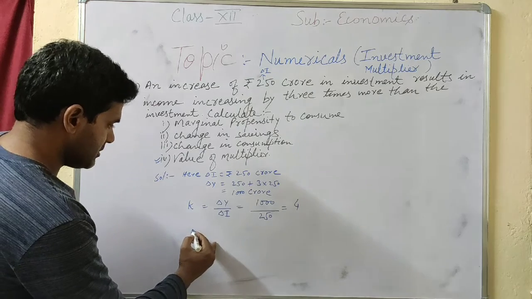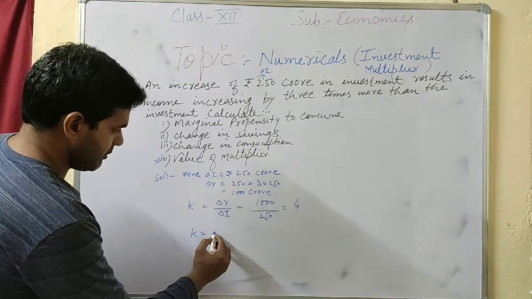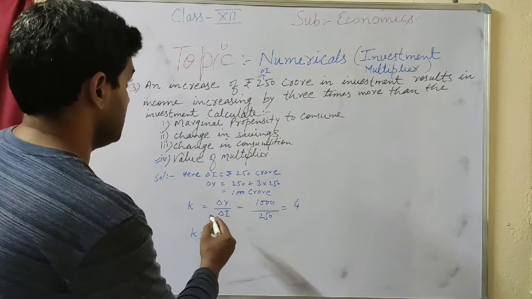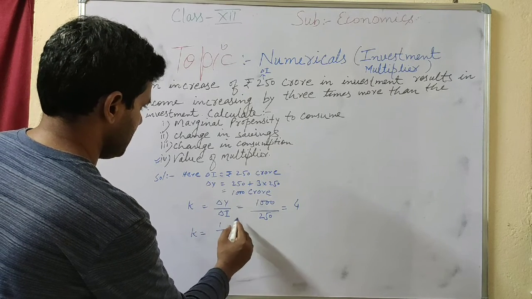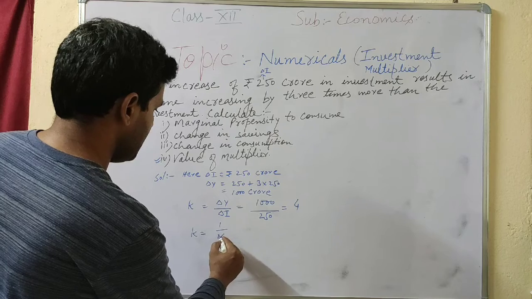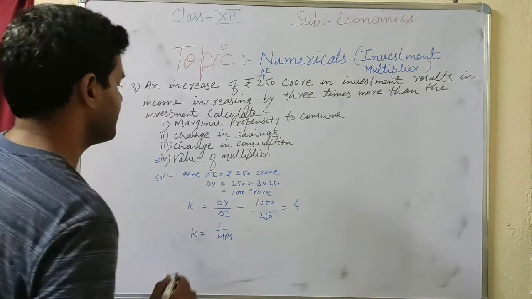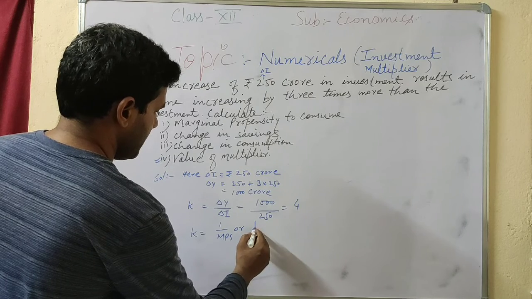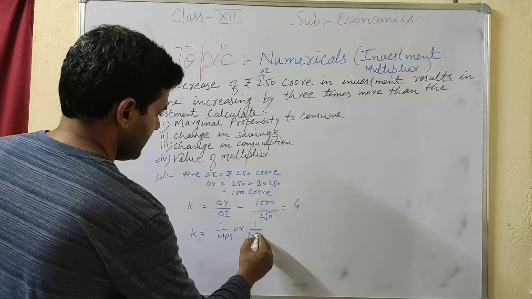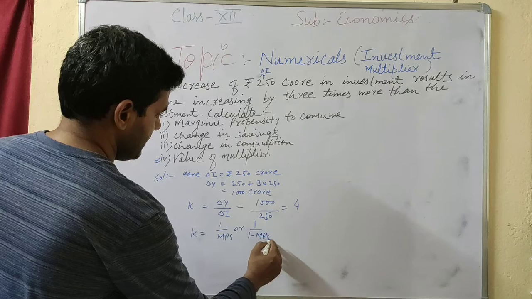Now we know that K can also be calculated as 1 upon MPS or 1 upon 1 minus MPC.